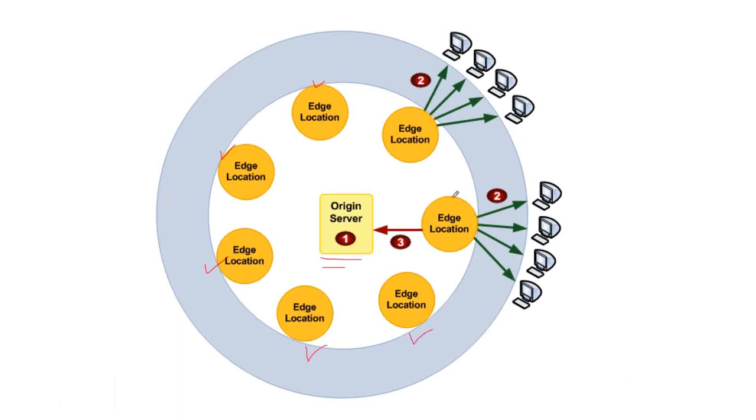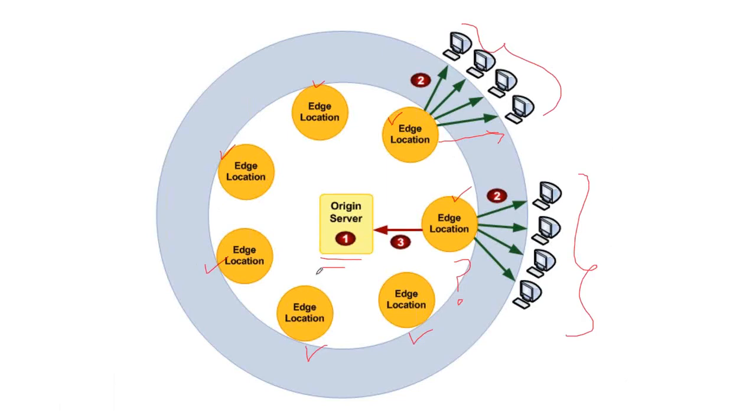They have got the content from the origin server. Now, in an ideal situation, the users ask for the content, and the edge location presents the content to all these users. There can be a scenario where these users ask for the content, but the edge location is clueless. It does not possess the content that these users are asking for.